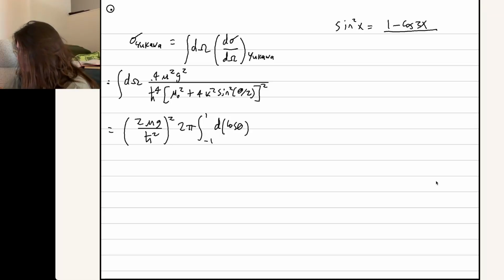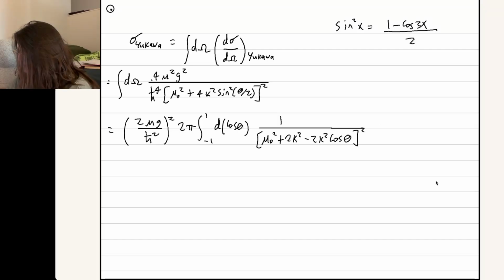And so in this denominator here, we just get mu naught squared plus 2k squared minus 2k squared cosine theta right there.